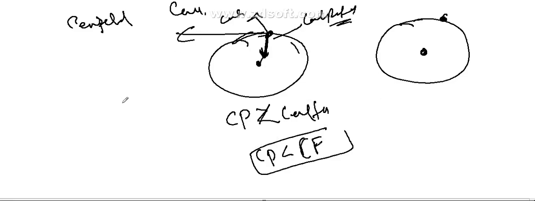Sir, why doesn't it get curved? Why does it go in a straight line? Because this is the direction. If you release here, this is the direction.